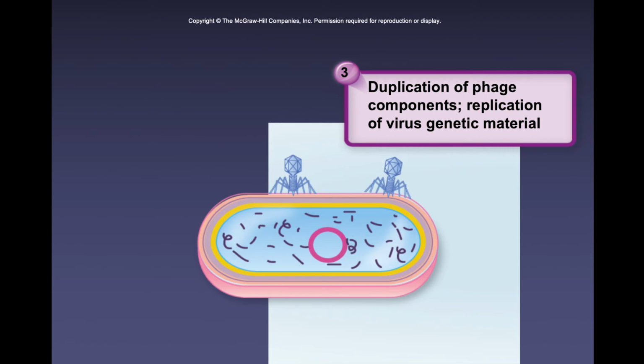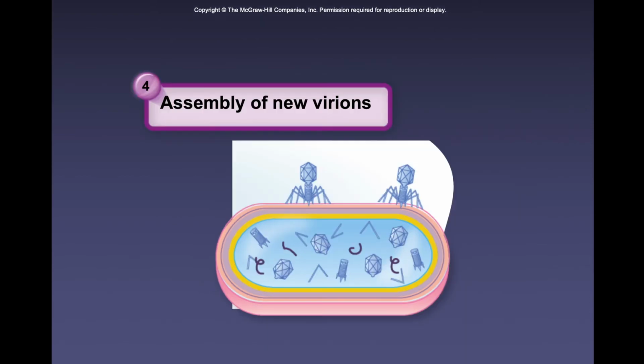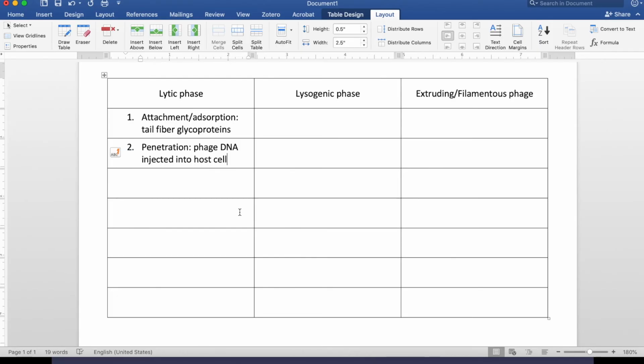Step 3 is replication of phage components, replication of viral genetic materials. So you have replication and synthesis. So synthesis is the transcription, translation of viral nucleic acid to make new proteins that are then spontaneously assembled and then matured and then released.